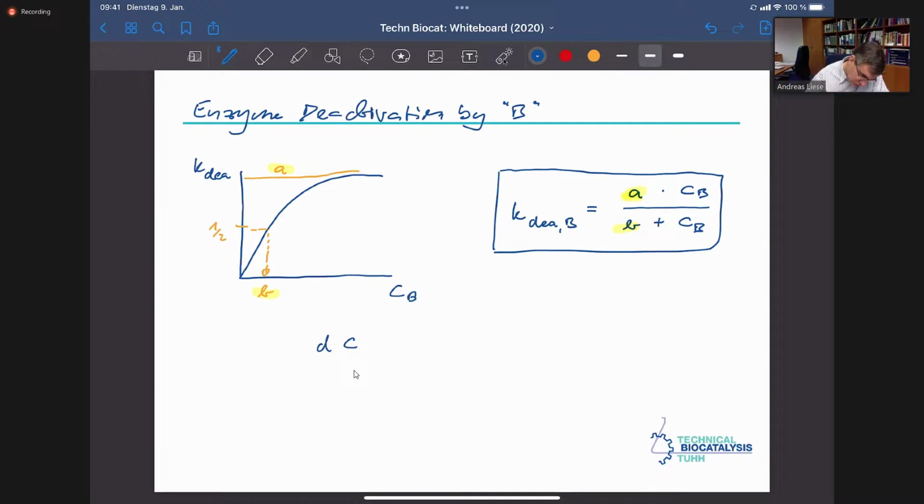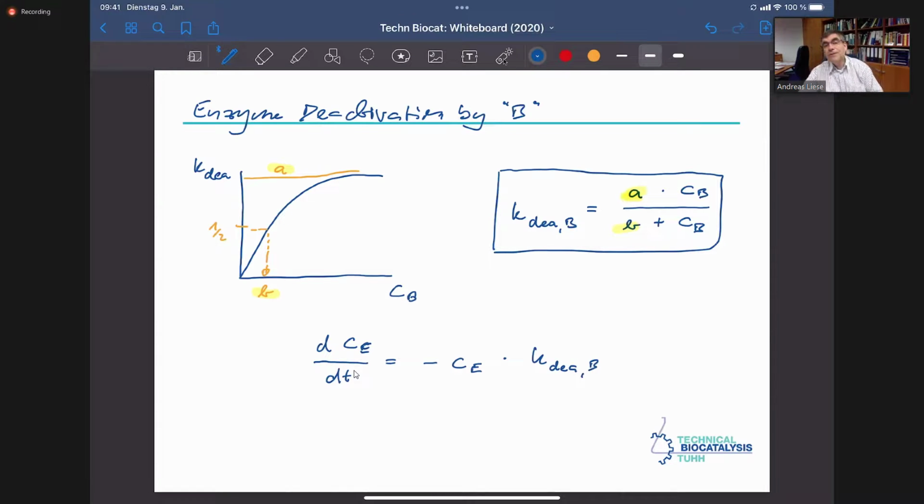change of concentration in the enzyme by time equals minus concentration of E times the deactivation constant for B in our case.